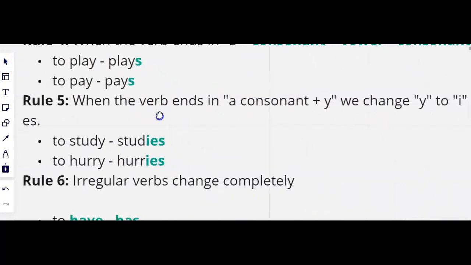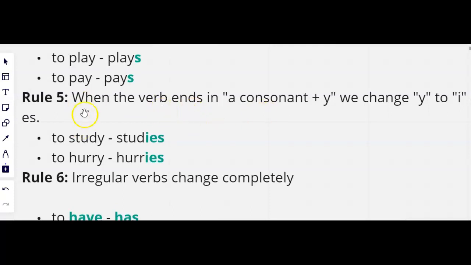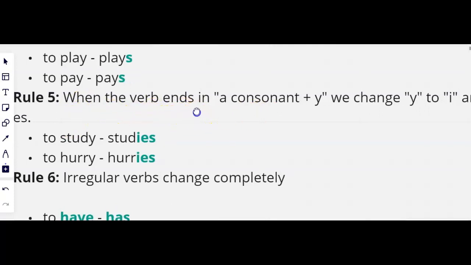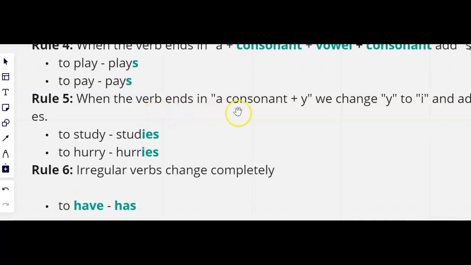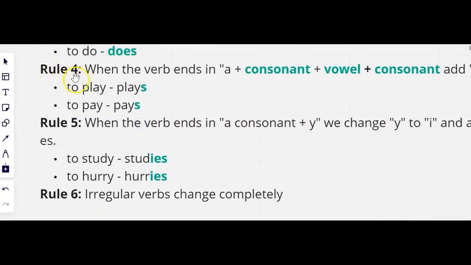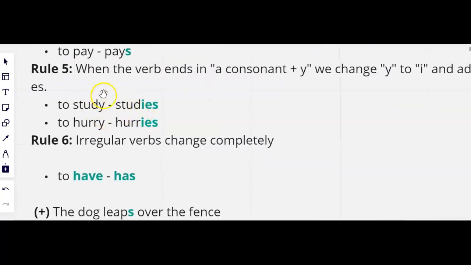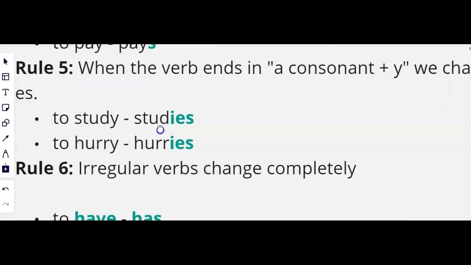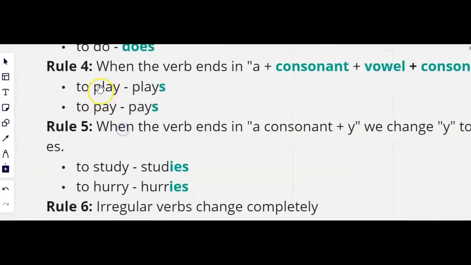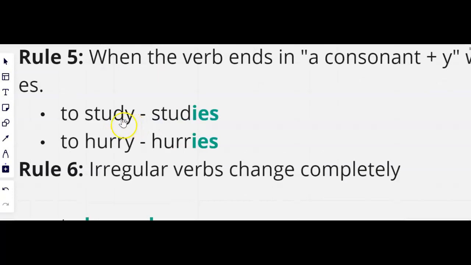But in rule number 5, sorry. This one says that if you don't accomplish the same thing as rule number 4, you need to change that. So if we take a look at play, the last letter is Y, as well as study.